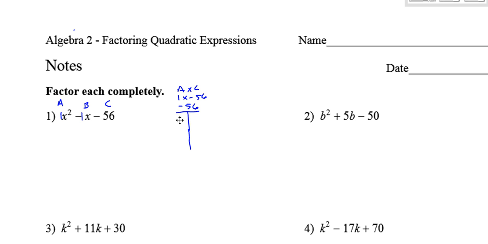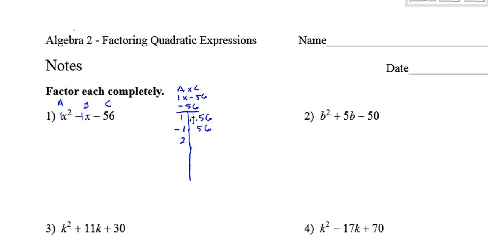And generally, I start out with just listing them. You don't have to list all of them, but for practice, I'm going to go ahead and start systematically. 1 times negative 56 gives me negative 56, but I also have to remember that a negative 1 times a positive 56 would also give me a negative 56. Because 56 is an even number, I know that 2 goes into it evenly.